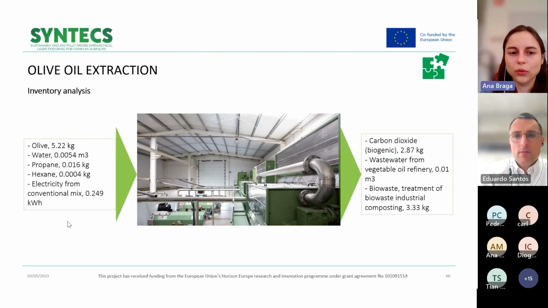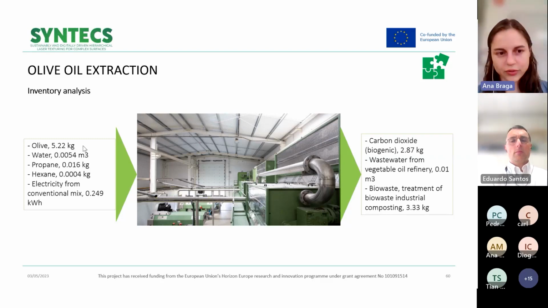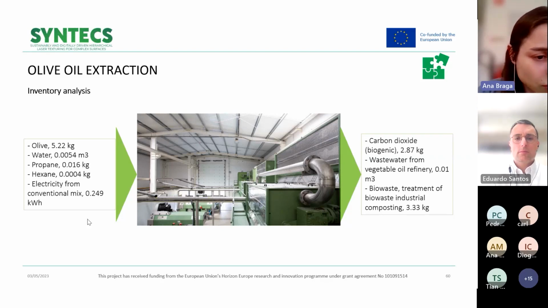Okay, so in the inventory before, the previous inventory for olive production, it will have some impact here because to produce 1 liter of olive oil, we'll need 5.22 kilograms of olives. So we multiply by that value. You will also need some water for washing, and propane, electricity, hexane as a solvent agent.